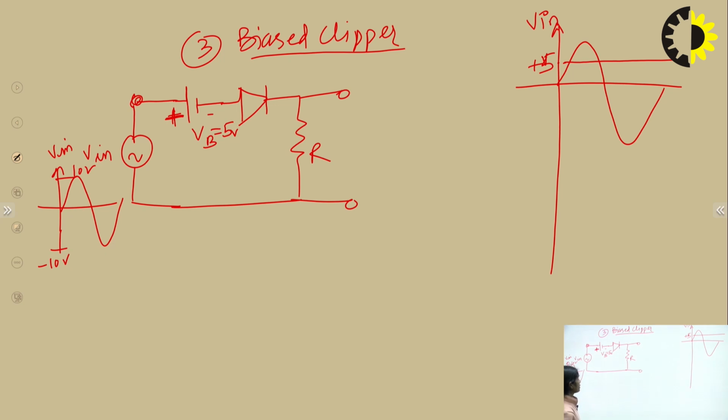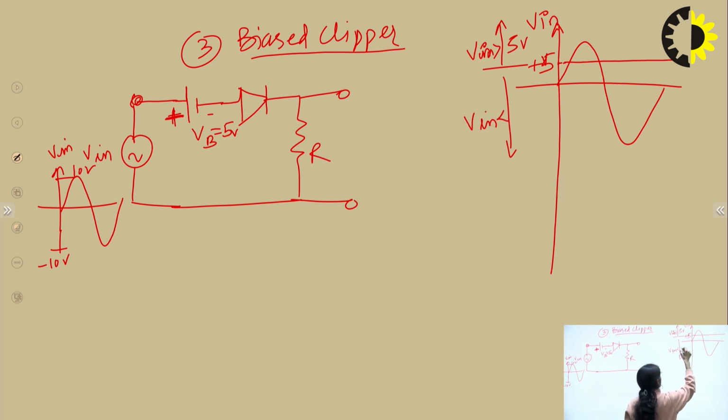In this arrangement, we first see that the DC level divides the cycle into two parts: one greater than 5 and one lesser than plus 5. In the greater than 5 part, V in is greater than 5 volt, and on the lesser side V in is lesser than 5.